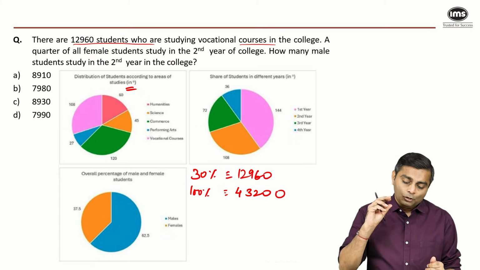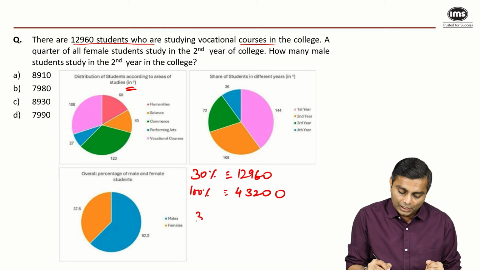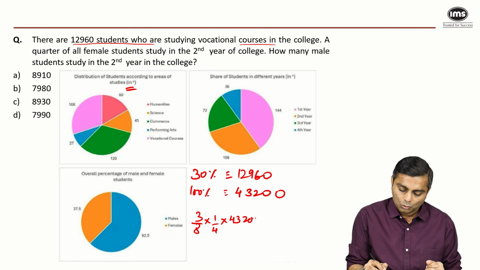They say a quarter of all the females study in the second year of college. So a quarter of all the females. How many females do we have? We have 3 by 8 females, into 1/4 of the total 43,200.